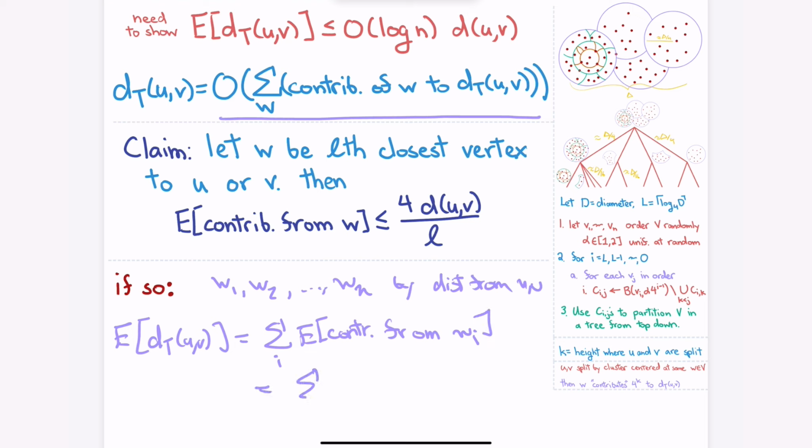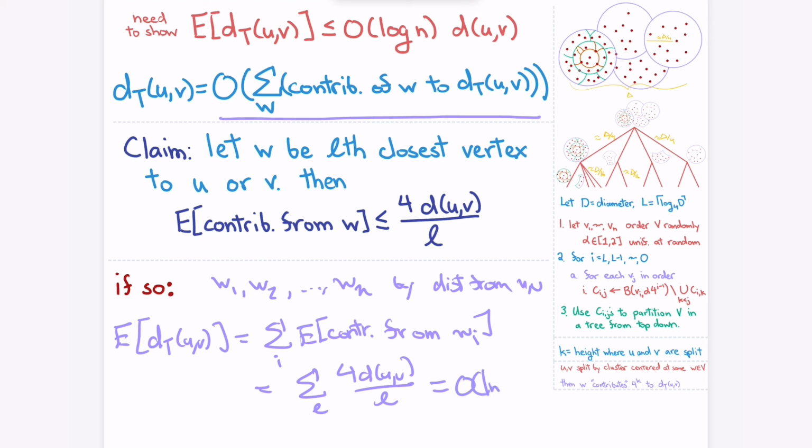And then you're going to be summing up over all L. I guess I could have just done i. 4 times the d(U,V) over L. And then there you'll get your harmonic sequence.